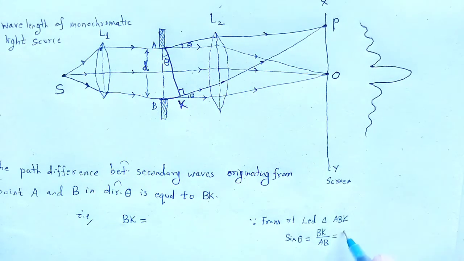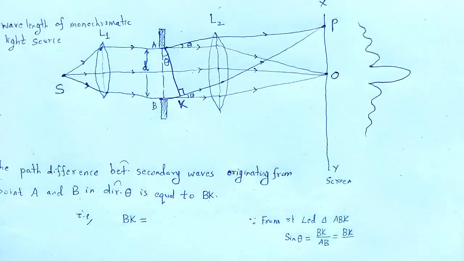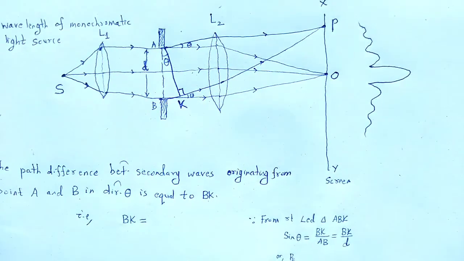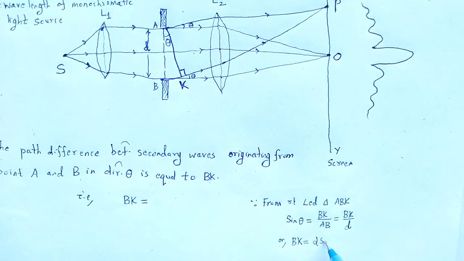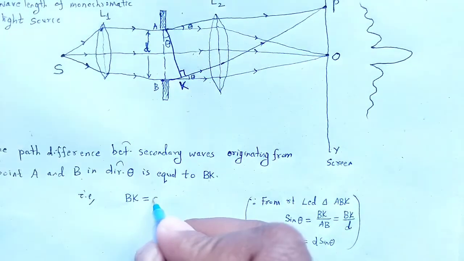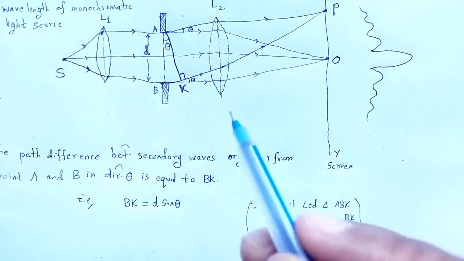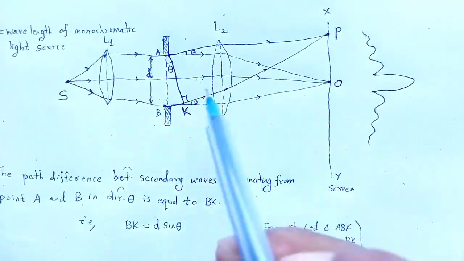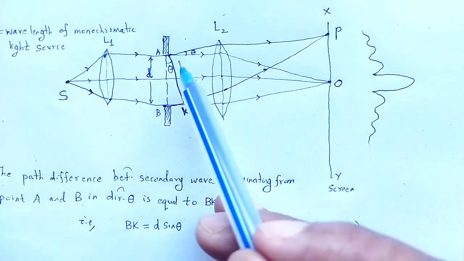AB is equal to the width of the slit, small d. Therefore, BK is equal to d sin theta. That is the path difference between the secondary waves originating from points A and B in the direction theta.